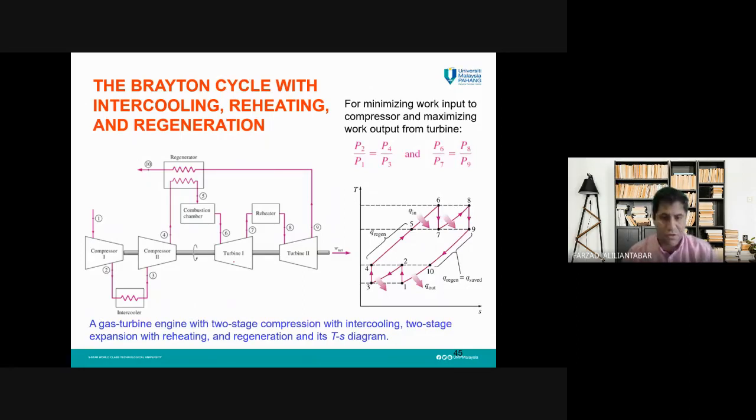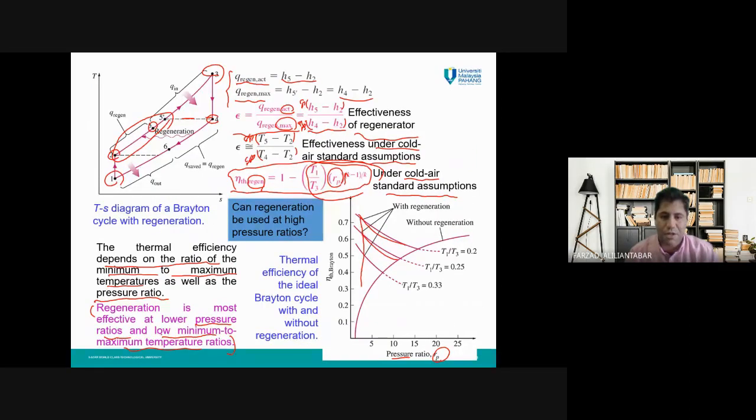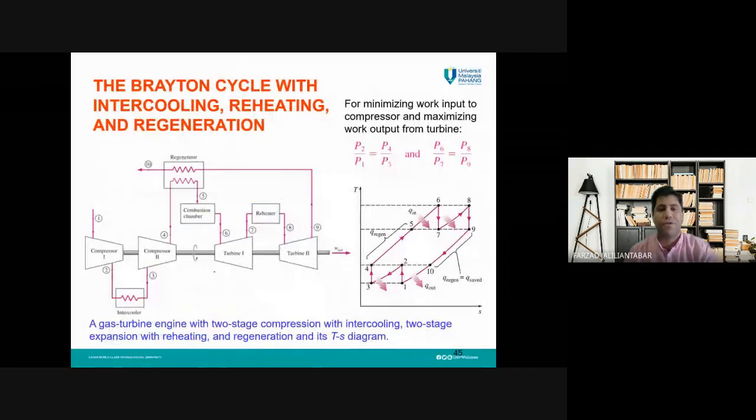Here I told you that if we reduce the lower temperature and increase the maximum temperature, the efficiency for a cycle with regenerator will be higher. So we use an intercooler and a reheater. What is an intercooler? We use an intercooler to reduce that minimum temperature, and we use a reheater to increase that maximum temperature.